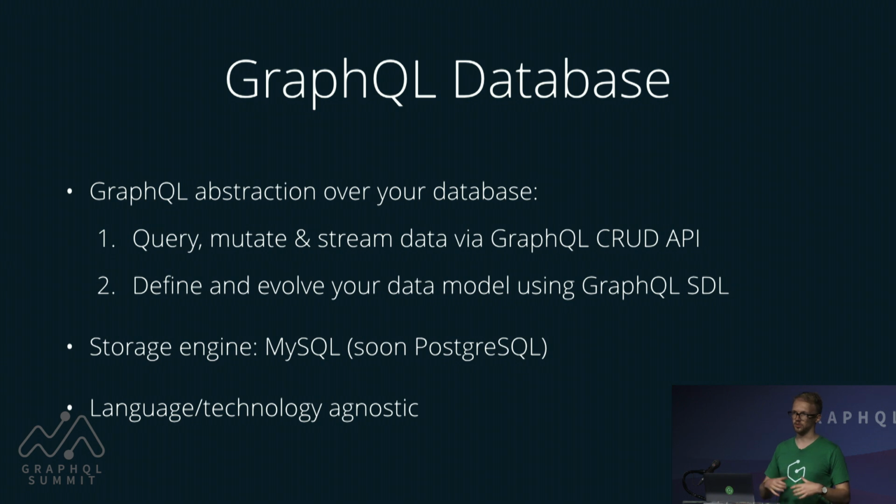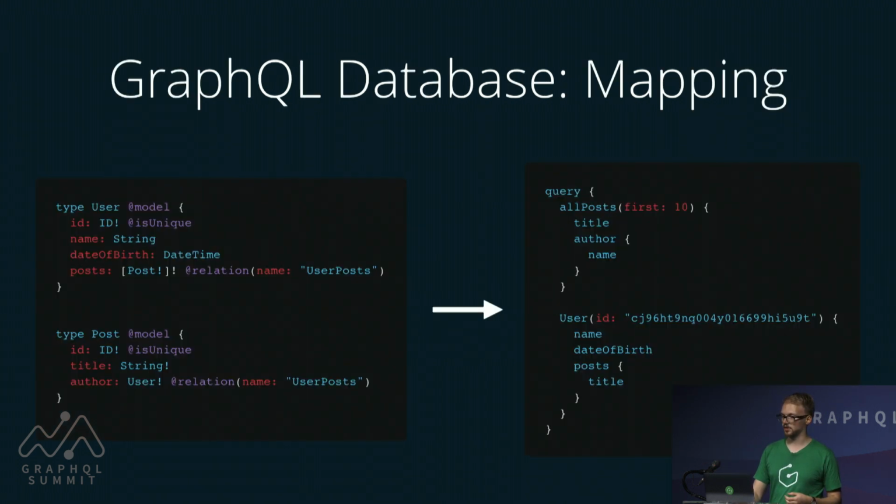And secondly, also to evolve your data model and the underlying schema of your database through GraphQL SDL. By using GraphQL, this is effectively language and technology agnostic, so it can be used from within any backend implementation like Python or Node, and that makes it really exciting.